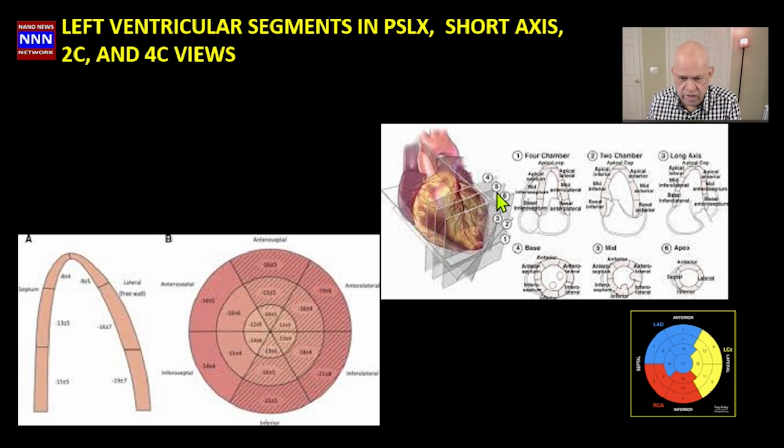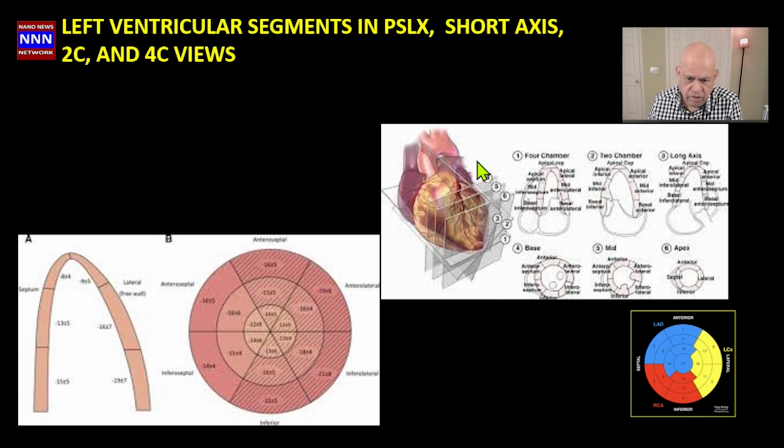And then, of course, we have the two-chamber view, which focuses on the left atrium and the left ventricle of the heart. So these are different orientations that are used, namely the four major orientations: the parasternal long, which is this one. Then we have the short axis, which is the easiest one to visualize.